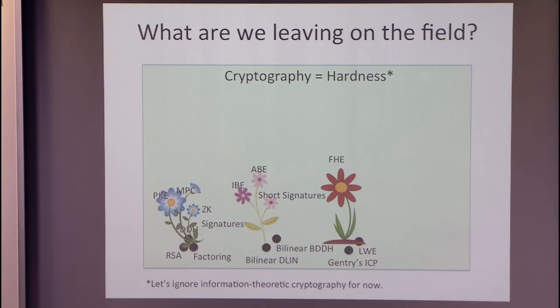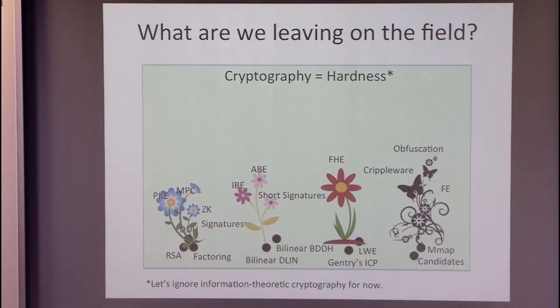And now finally we have this new source of hardness of multilinear map candidates, and we have this amazing stuff coming out of it: obfuscation, crippleware, and lots of stuff that you'll hear more about later in the workshop.